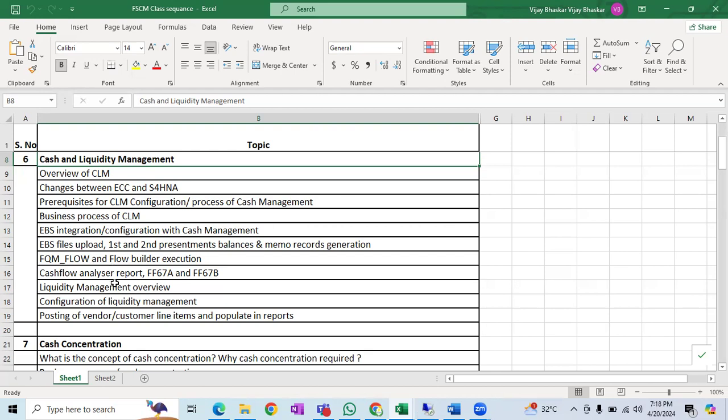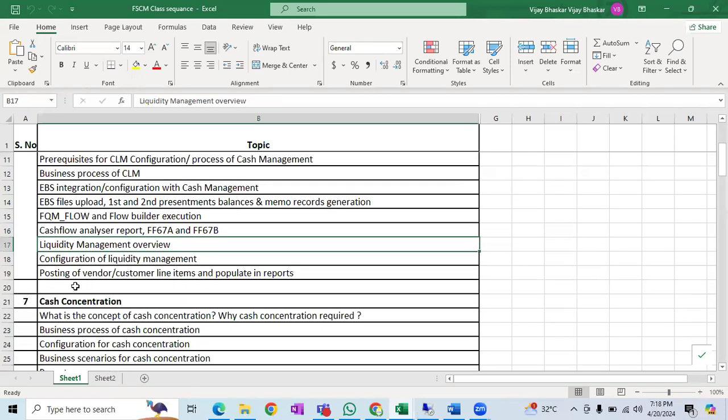Then coming to the cash flow analyzer report: what are the reports which were there in ECC, and what are the reports which have been introduced in S4HANA, which I'm going to show in detail. Then liquidity management: the liquidity management configuration, how the liquidity flows will happen, and how the vendor and customer master data are to be associated with the planning groups. Then we will see that.